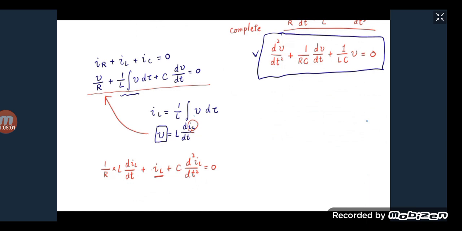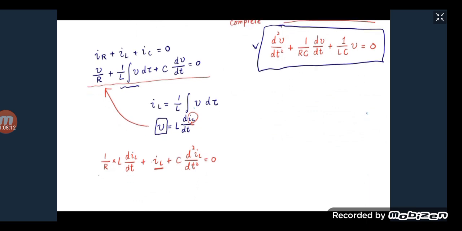Because of this step, we don't cancel any possible solutions.